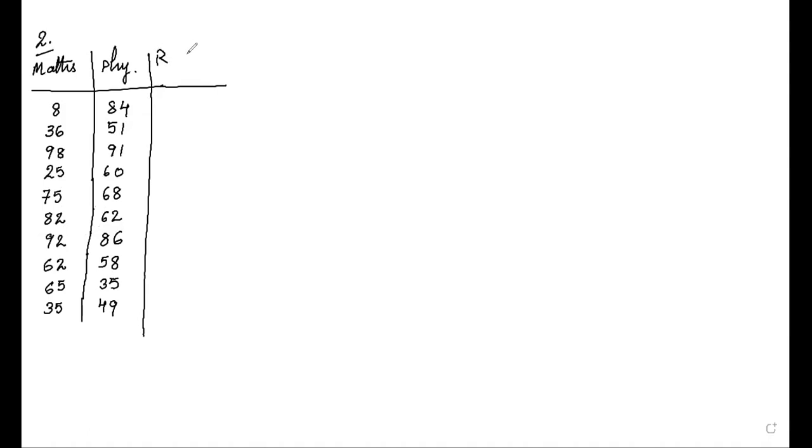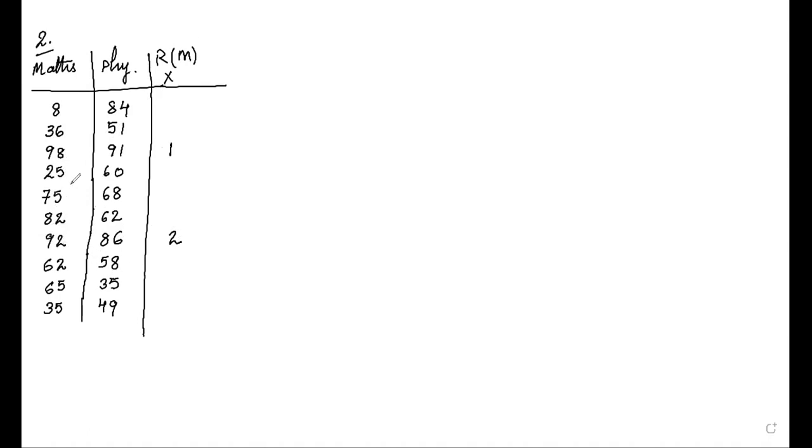Rank in maths, let it be denoted as X. Look at the highest marks in mathematics, that is 98. So corresponding to 98, the rank will be 1. The next highest is 92, so corresponding to 92, the rank will be 2.